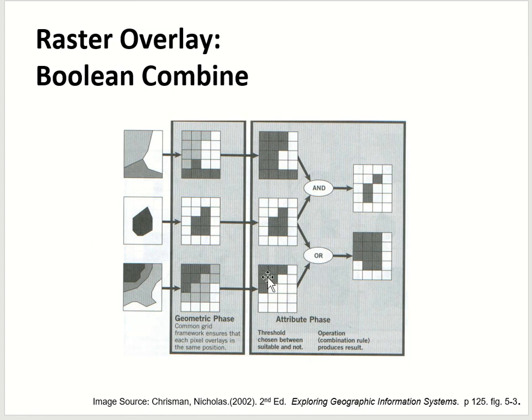So here, if either one of those inputs has the same grid cell of dark color, it becomes dark color in the output. Using the AND operator, an intersect, the question is: is a grid cell darker in both of the inputs? And so you get a smaller extent of that dark color in the output.